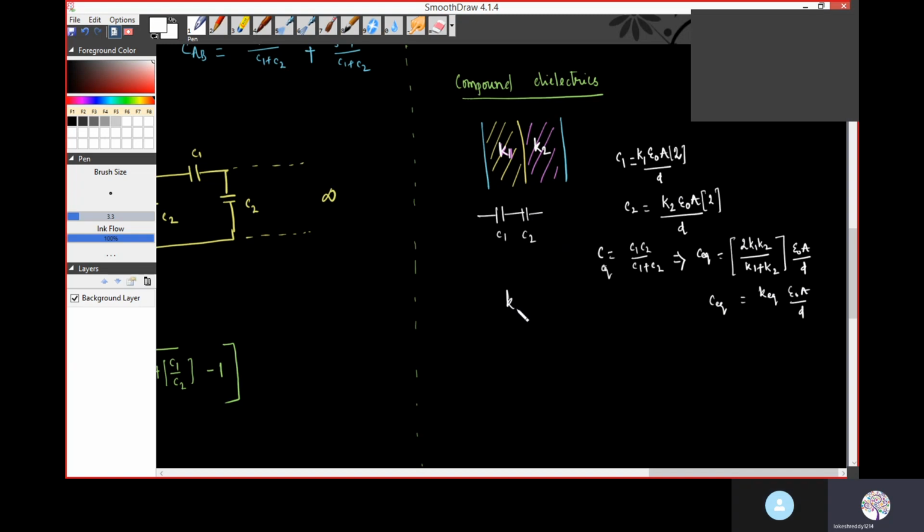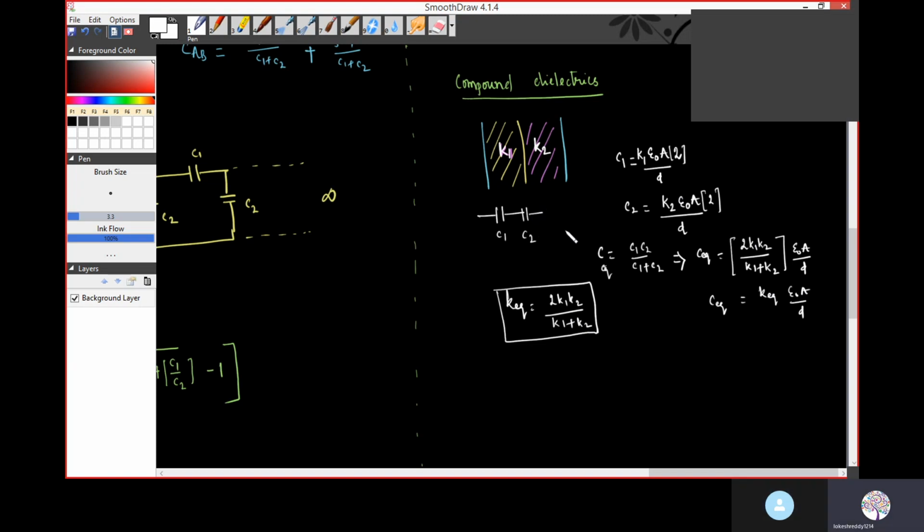So K equivalent is nothing but 2 K1 K2 by K1 plus K2. Okay, that's compound dielectric.